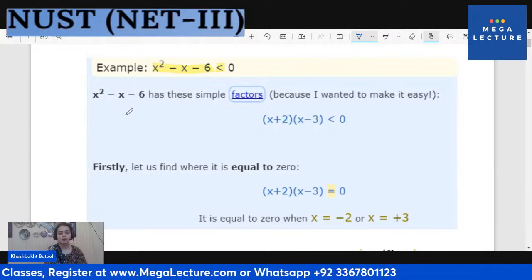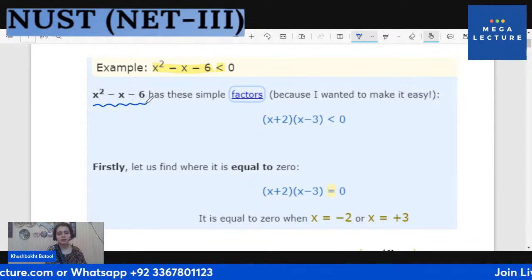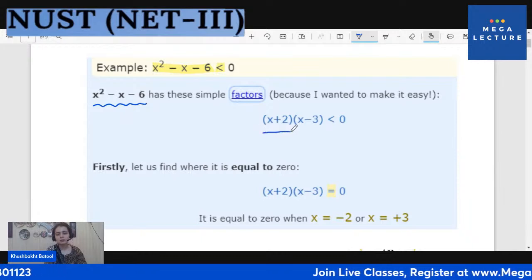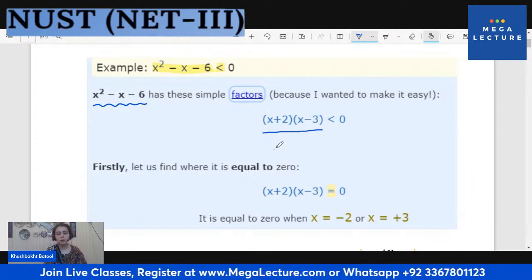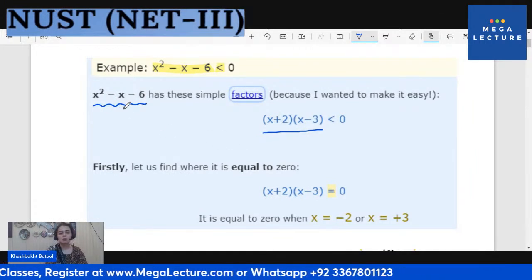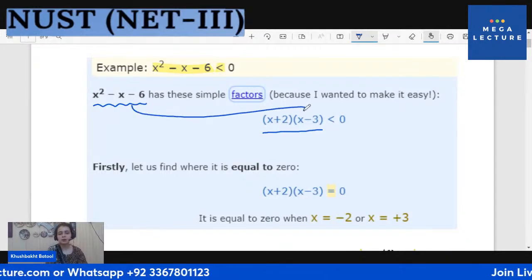First of all, you need to just factorize this the way we do it usually. And your factors would be x plus 2 and x minus 3. If you are not comfortable with this concept and if you're not familiar with this, you can just ask me. You would basically be using middle term breaking to get from here to here.